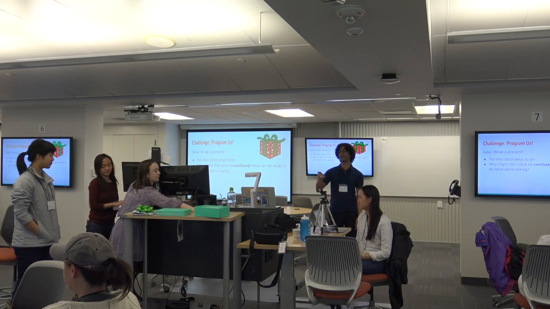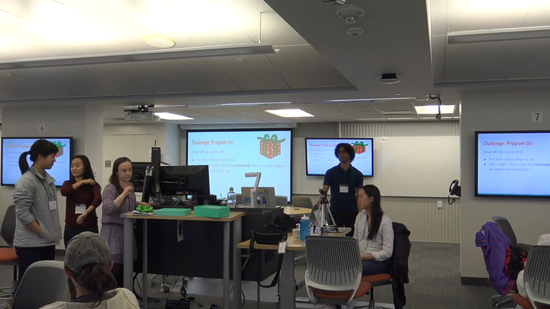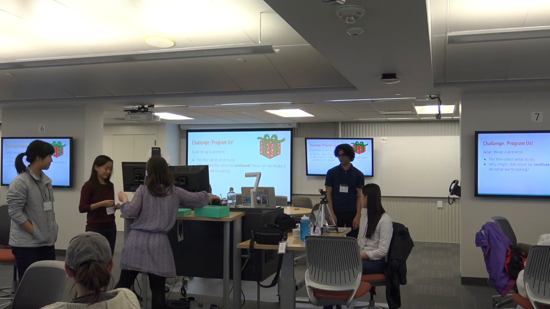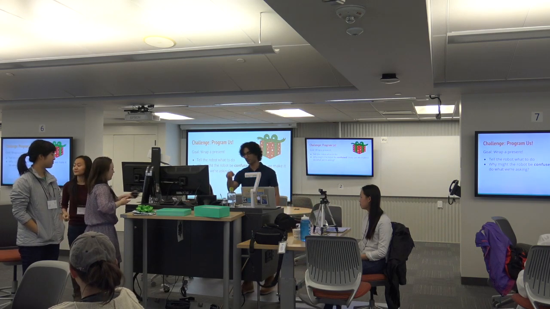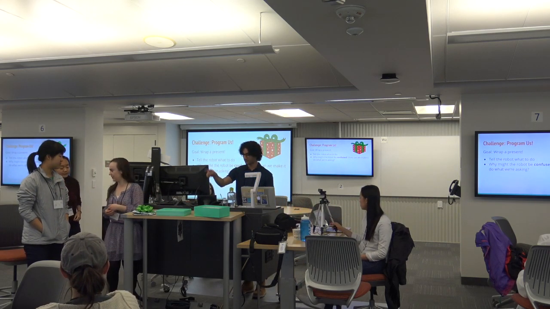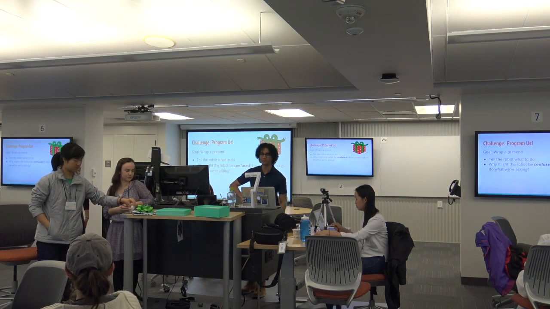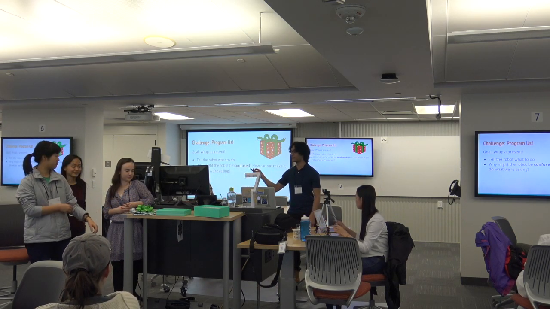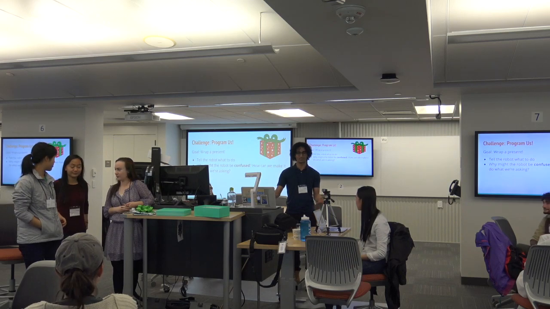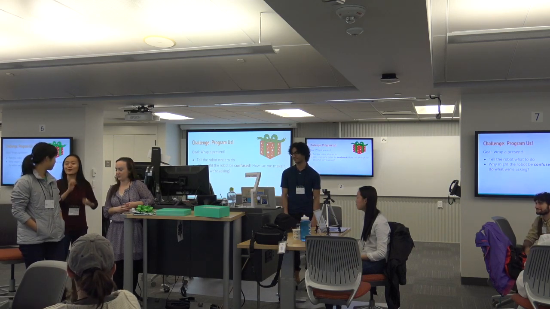You have to tell them exactly how to wrap this gift. The materials we have are a box and a lid, wrapping paper, a bow, tape, and scissors. So if I can get volunteers, one at a time, just shout out an instruction: how should we wrap this present?